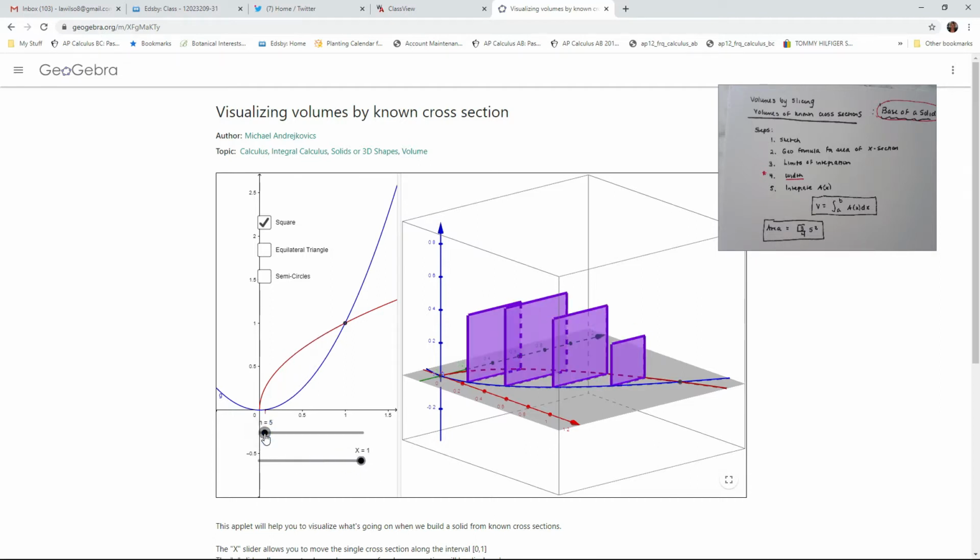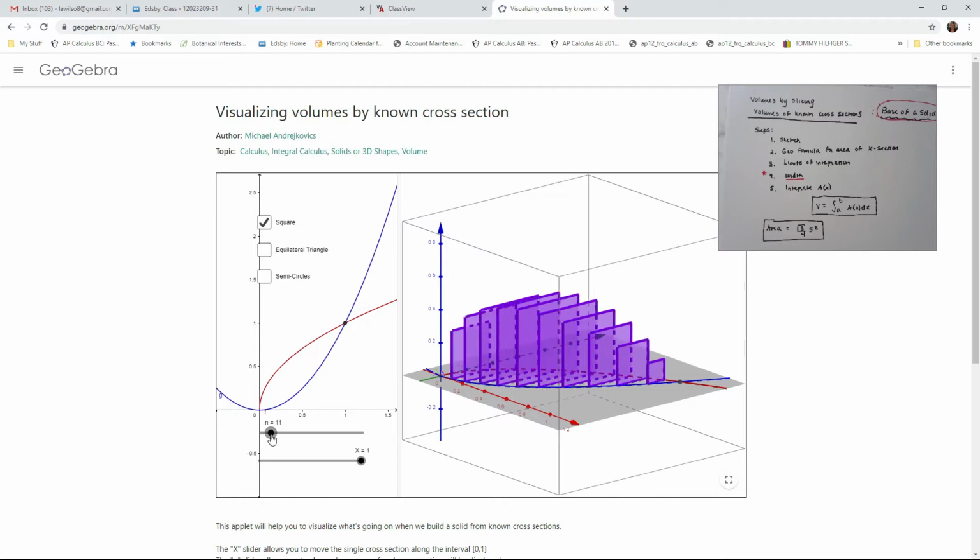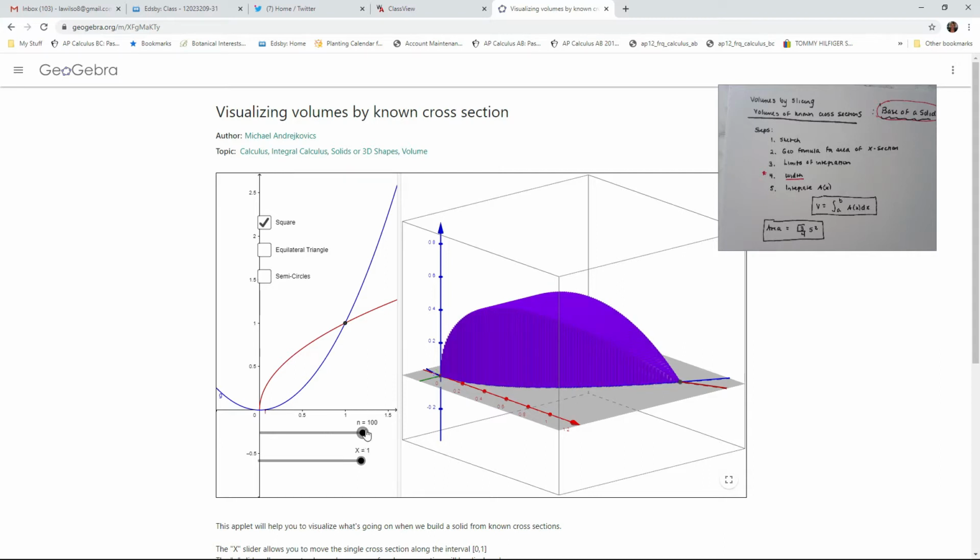If I do a few slices, I'm going to get a pretty good approximation, or maybe a terrible approximation. But the more slices I make, the better I can approximate the volume. So to find the volume by slicing, we integrate the area function.